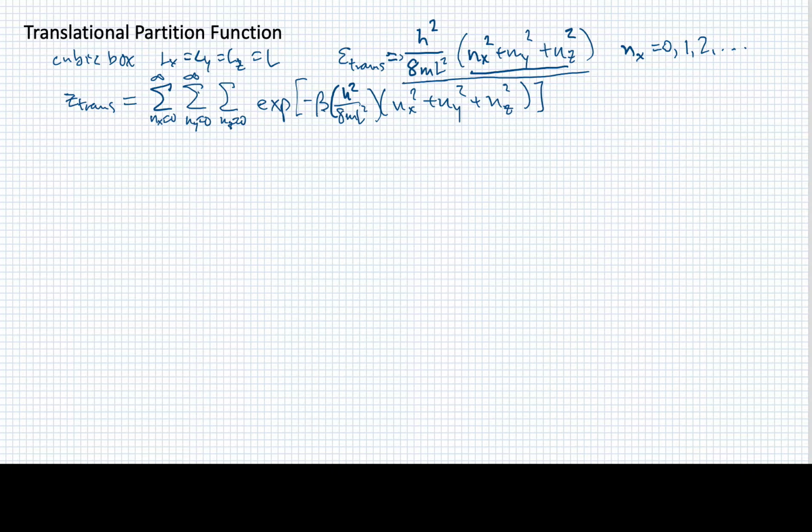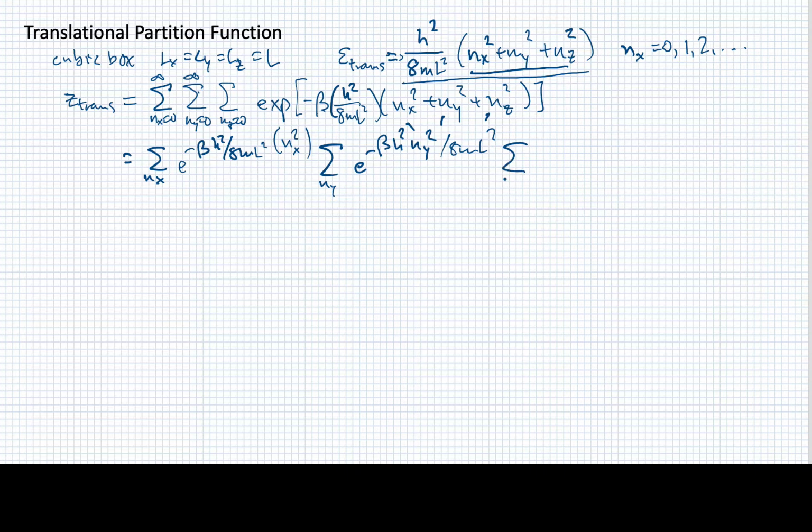But one thing I'm going to do to simplify this a little bit is you'll notice that the dependence on each of these quantum numbers is essentially the same. It's the same functional form. So if I were to write this out as three different summations, I would have e to the minus beta h squared over 8mL squared times nx squared, a very similar expression for ny, e to the minus beta h squared ny squared over 8mL squared, and a very similar expression for nz.